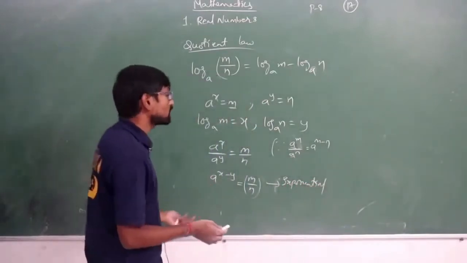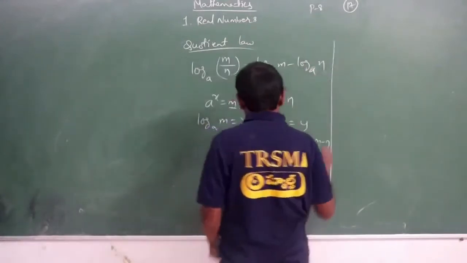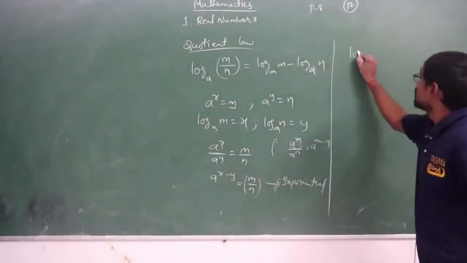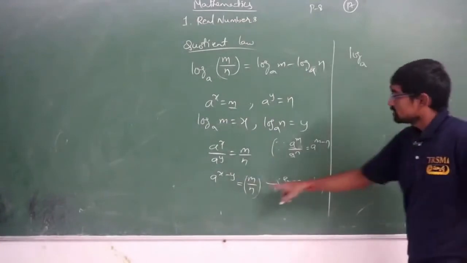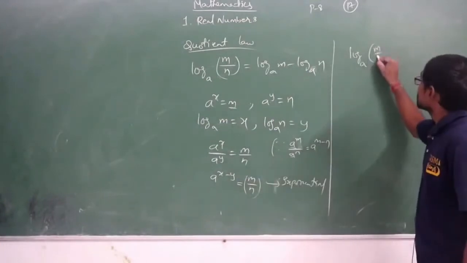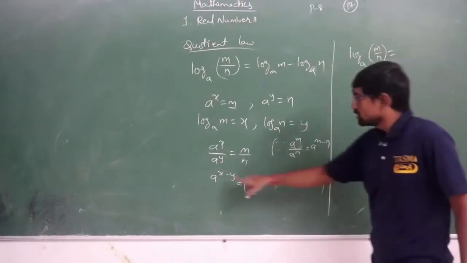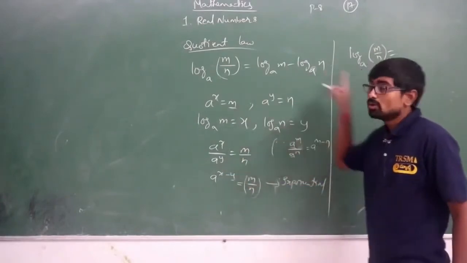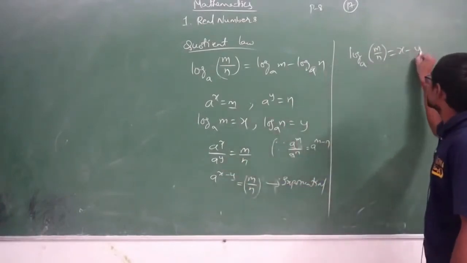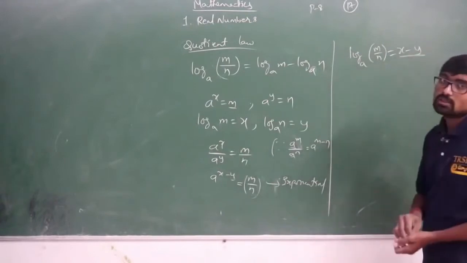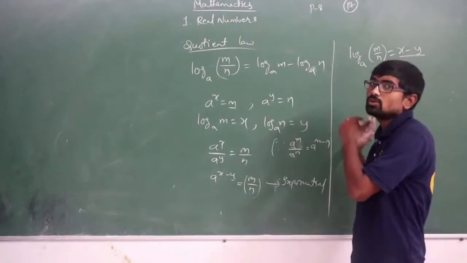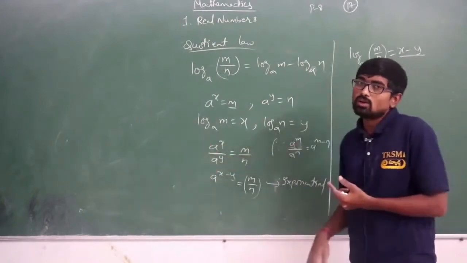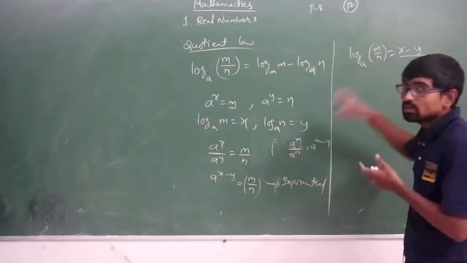How will we convert? We will write log, this will come to the base, and x minus y will go after the equals sign. Now these x and y are in exponential form, so we need to convert them again into logarithmic form. The whole answer should be in logarithmic form.